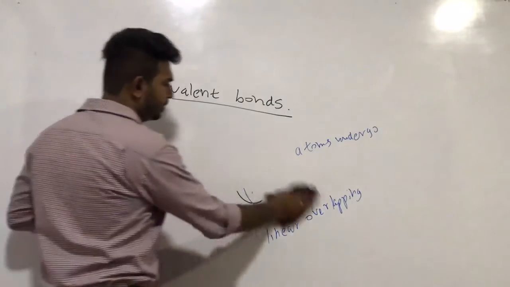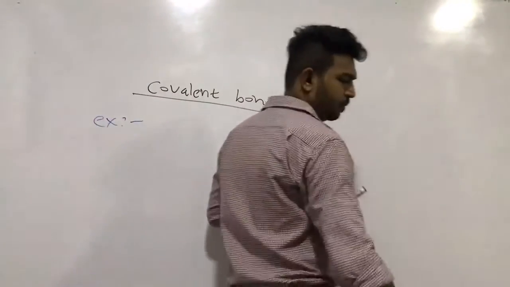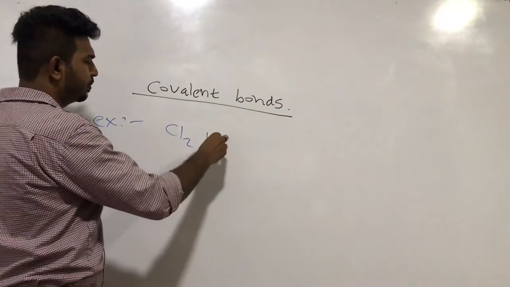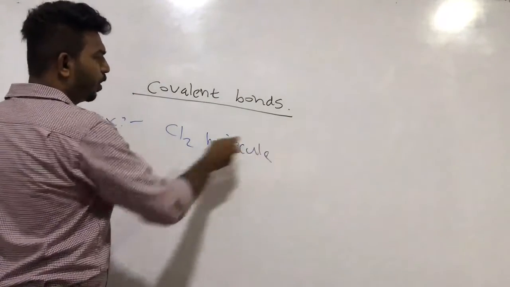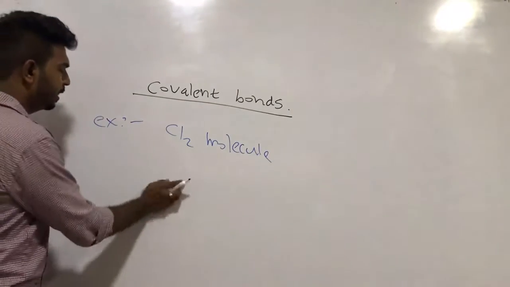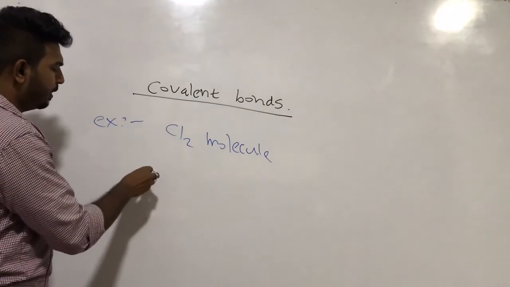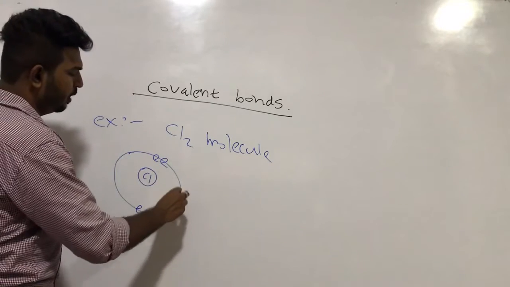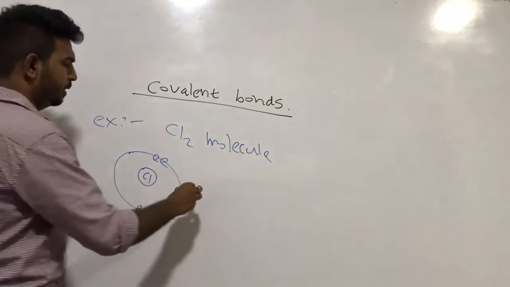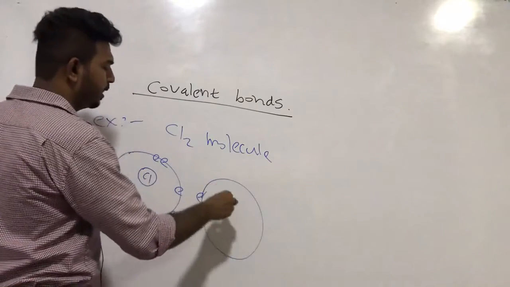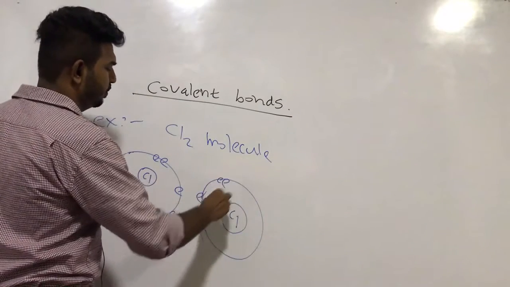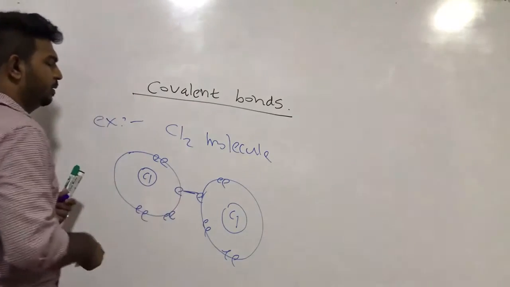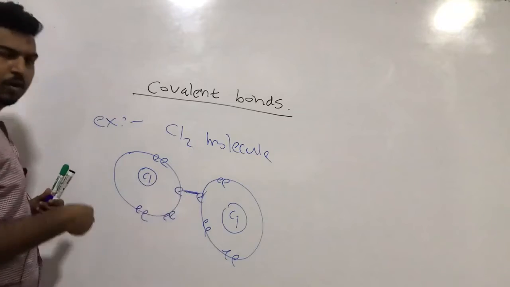Then we will consider the chlorine molecule, second example. If we consider chlorine, we know that there are 7 electrons in the outermost shell. So this will be again linear overlap.